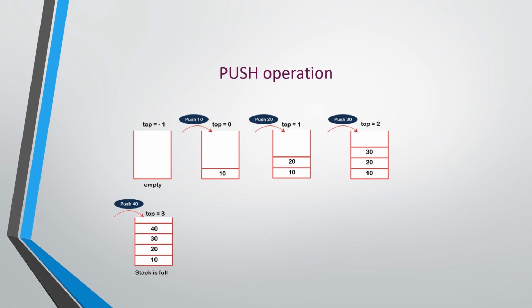Next we push 20 into the stack and the top pointer is incremented to 1, and next we insert 30, the top is 2, which is incremented by 1. This will be carried out until we reach the maximum storage of a stack, until the stack is full.